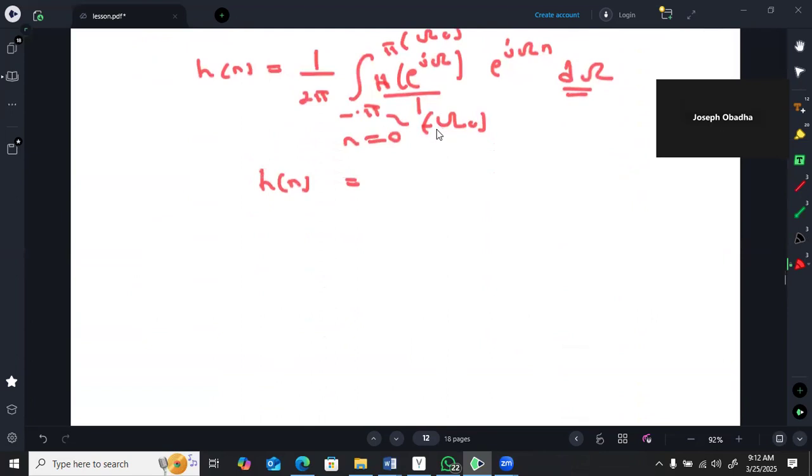So we'll have 1 over 2 pi times the integral from negative omega c to omega c of 1 d omega, which is equal to omega c over pi. So this is actually h(0).